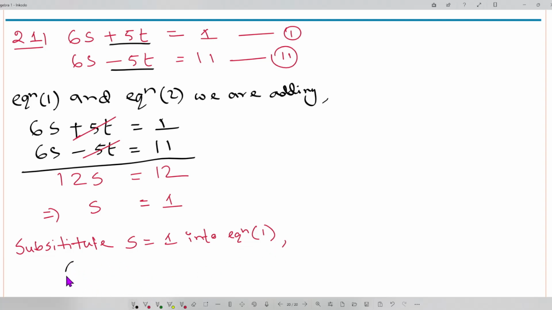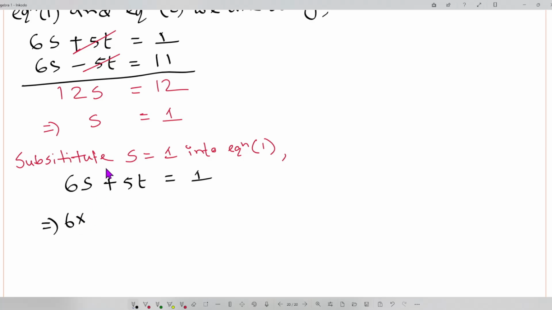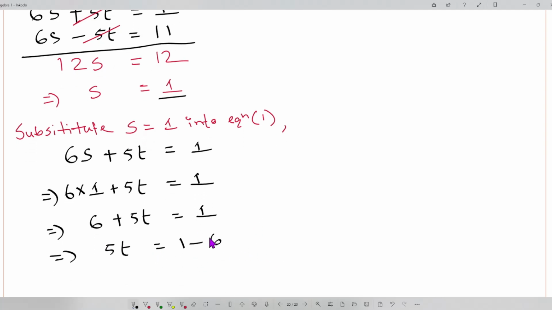Look, 6s plus 5t equals 1, then 6 times s, which is 1, plus 5t equals 1, then 6 plus 5t equals 1, then 5t equals what? 1 minus 6, because 6 is transferred to the right side, therefore the sign will be changed. So 5t equals minus 5. We can divide both sides by 5. So t equals minus 1.